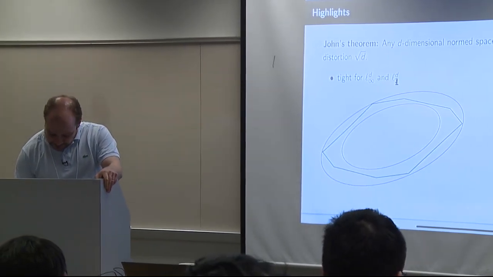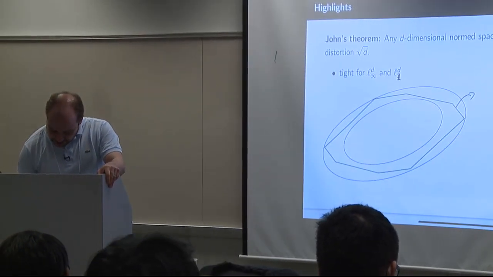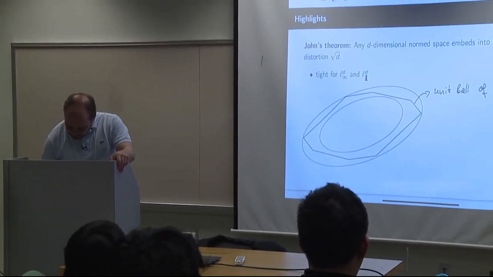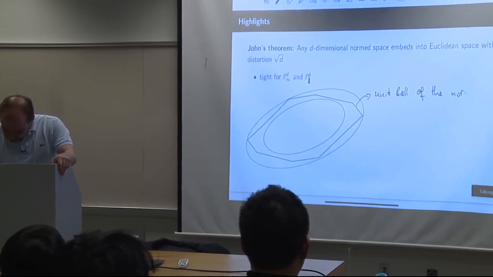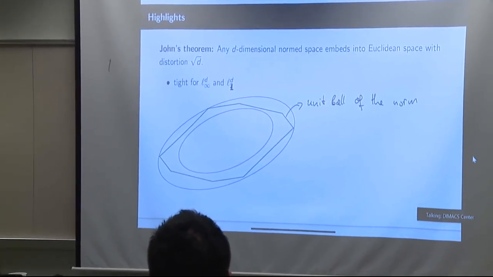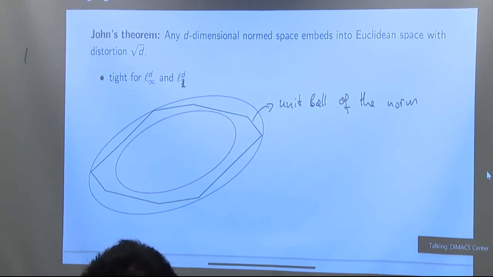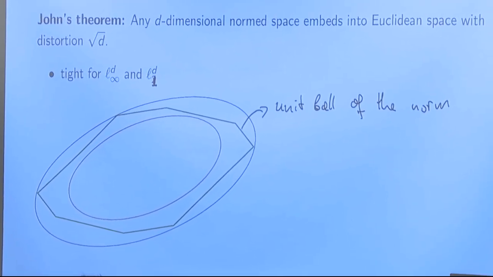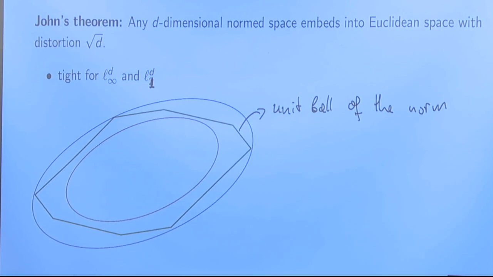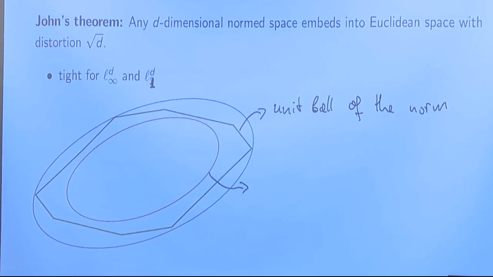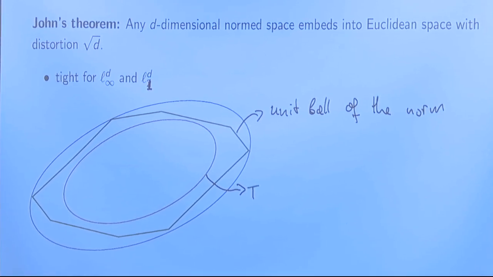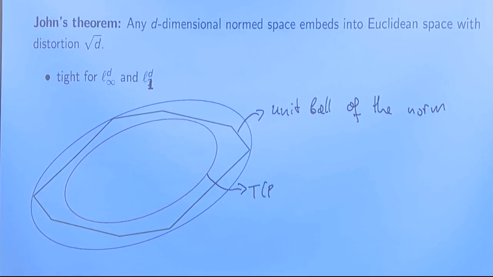If I take the green thing to be the unit ball of the norm that we're embedding, then what John's theorem really shows is that there is a linear image of a Euclidean ball that I can fit inside. This is some linear map T applied to the Euclidean ball. This is the Euclidean ball.